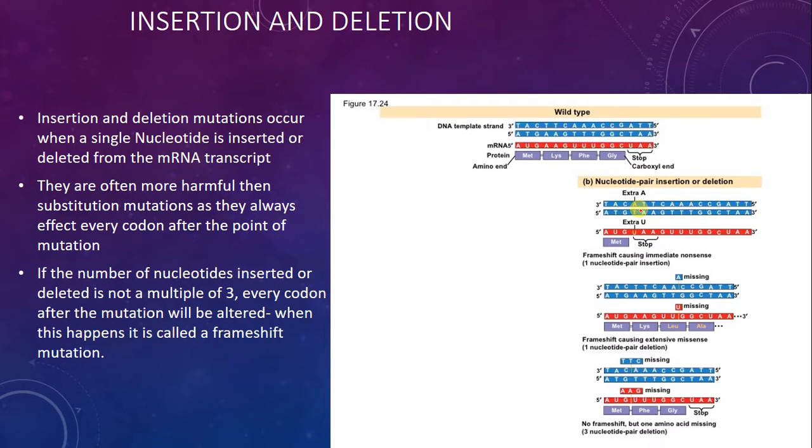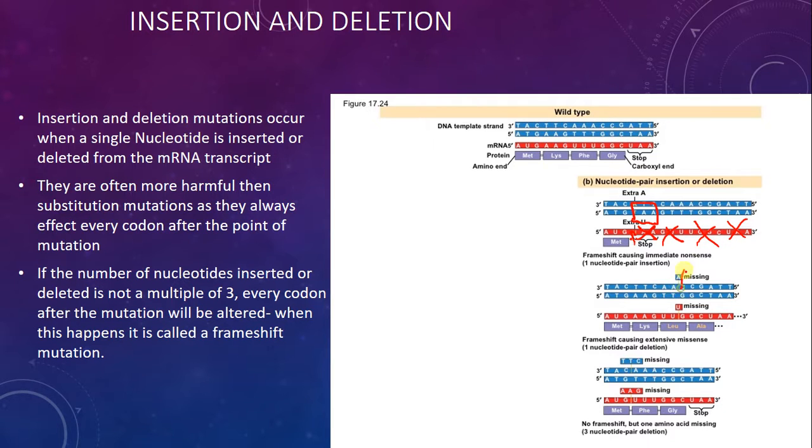So, for example, if I insert a U here, right before this ATT sequence, it can change this codon to a stop codon, and we get a nonsense mutation. All of these amino acids are lost.